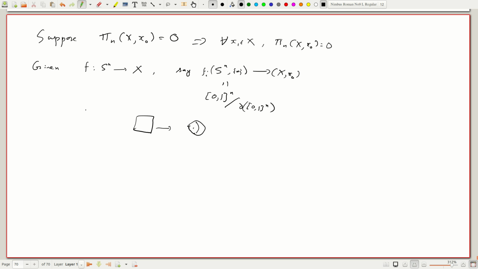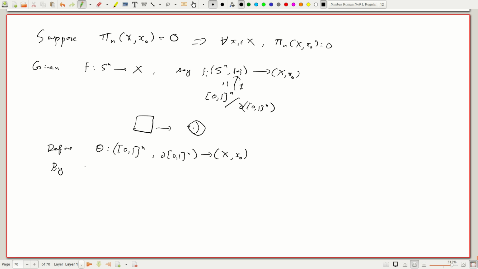This is f. Given f such that this happens, you define theta using this quotient map. So we have a quotient map here. So this is a theta from [0,1]^n, sending the boundary of [0,1]^n to the pair x, x0.